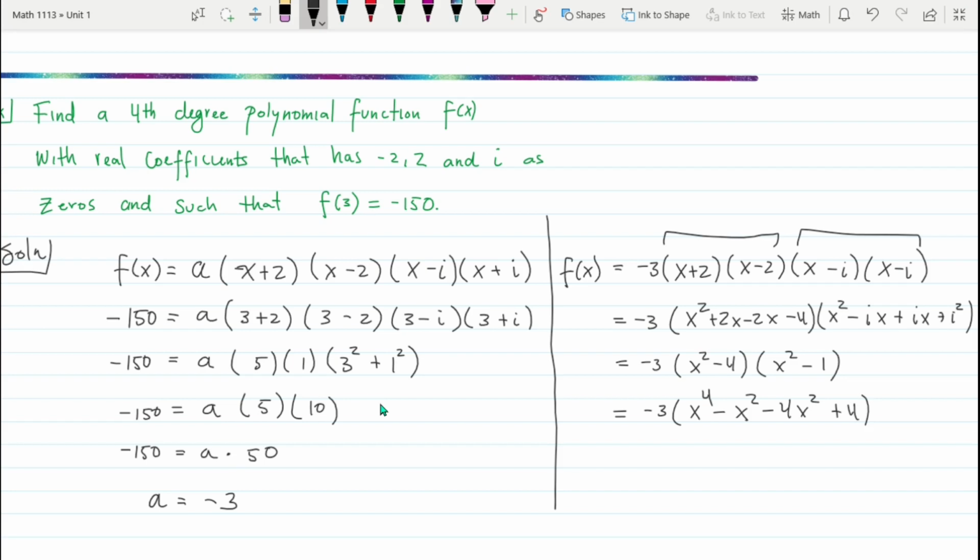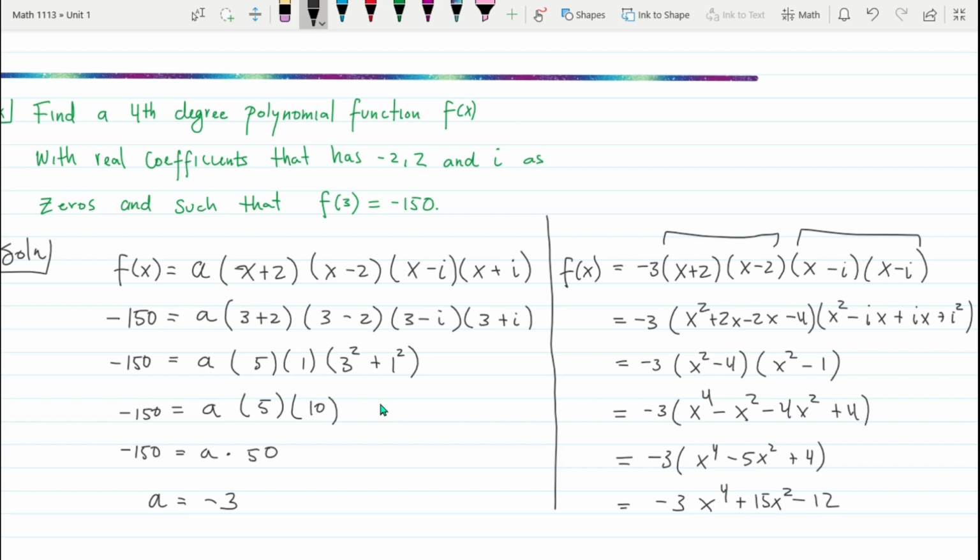And then if I distribute that negative 3, actually before I even do that, I want to combine like terms. So x to the 4th, and this right here is negative 5x squared plus 4. And then finally, I am going to distribute the negative 3, and this will be our polynomial.